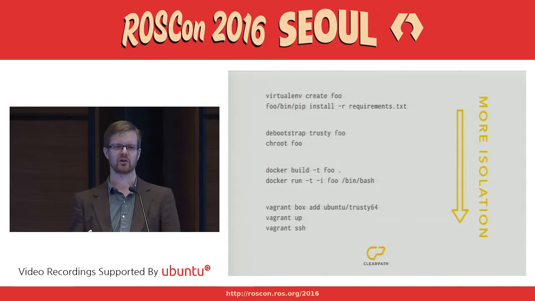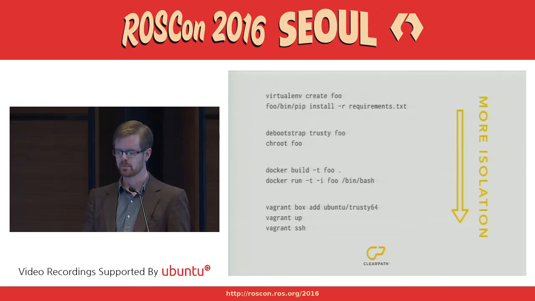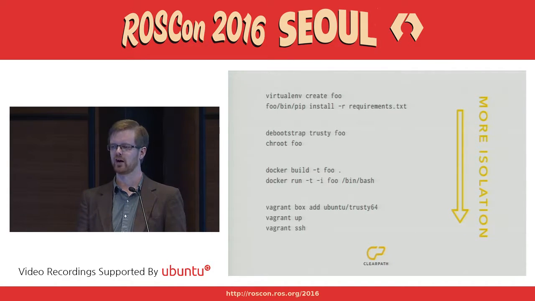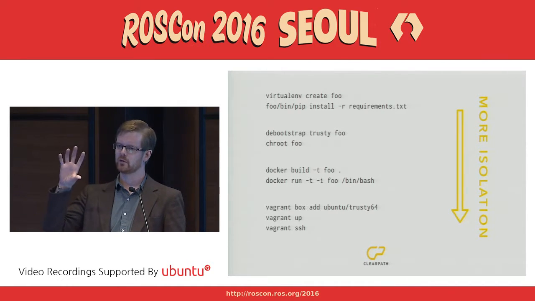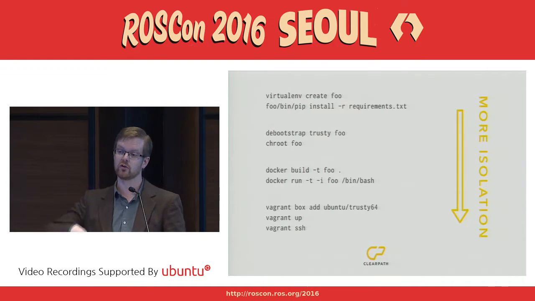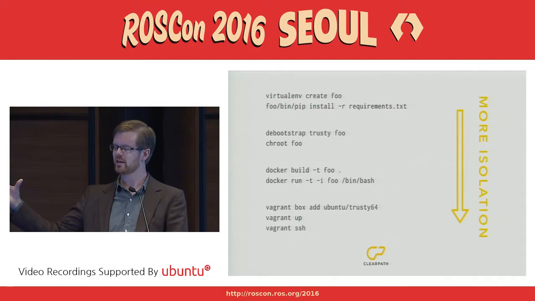I know others here are doing a similar concept with a Docker container. But if you look at the various ways that you can deploy a big blob of stuff, a virtualenv is solving the same problem, where you say, I want this isolated environment for Python that's distinct from all of the system Python packages. Chroot is the same idea. Docker is that, except you're also isolating at the port level.